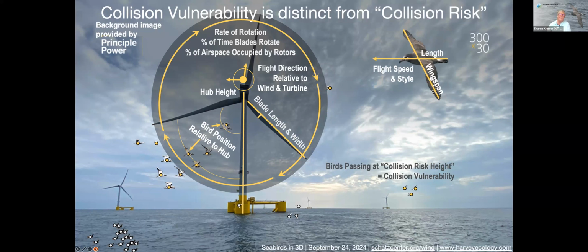All these factors matter in looking at the potential for collision, actual collision fatality to occur. So when collision risk models are done without any information about their behavior, we just assume that if they're flying the way we think they are, that their eyes are closed and they're going to have collision potential. But that's, again, not probably very realistic.